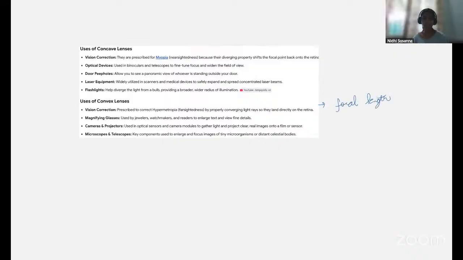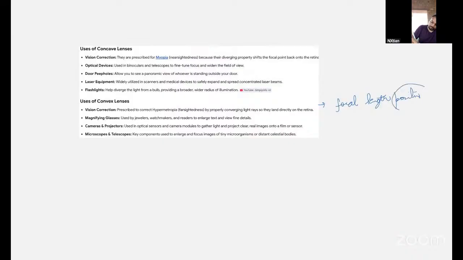So that is why it's a convex lens. And in a concave lens, focal length is always negative. So it's myopic. Did you understand? Abraham, Agatha, David.